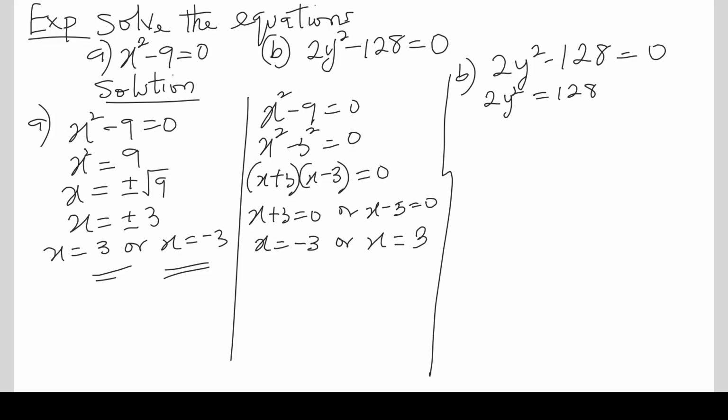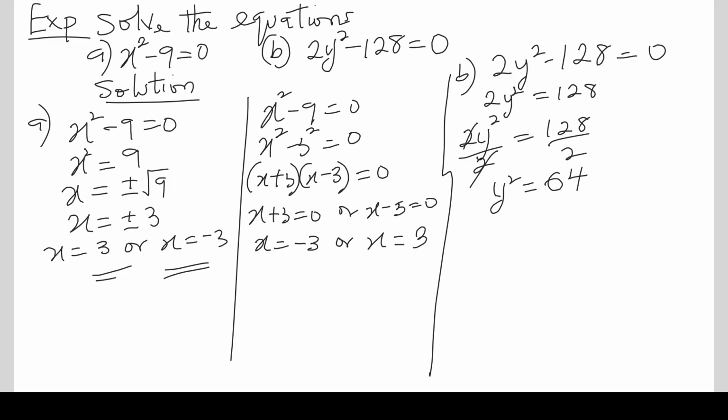Dividing both sides by 2, we have 2y squared divided by 2 equal to 128 divided by 2. The 2 divides the 2 here, so we have y squared equal to 128 divided by 2, which gives us 64.